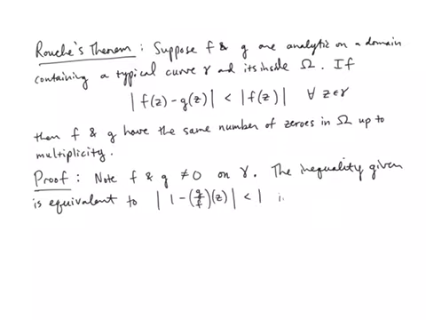I.e., the norm of h of z minus 1 is less than 1, where h equals g over f.